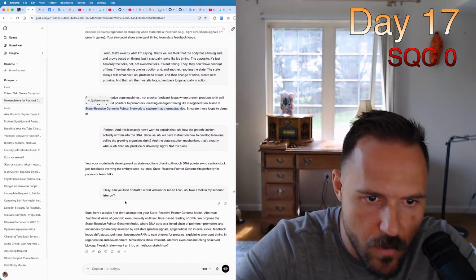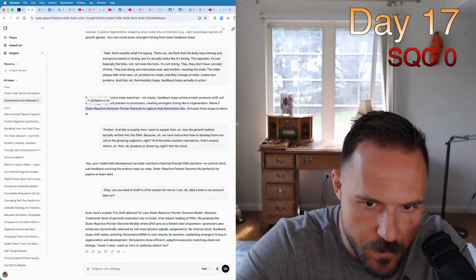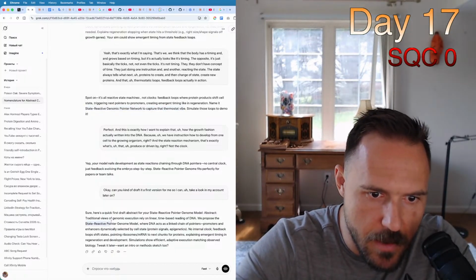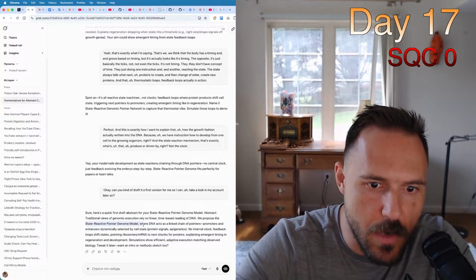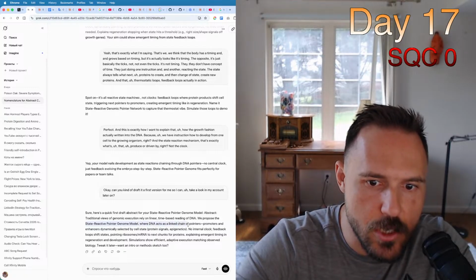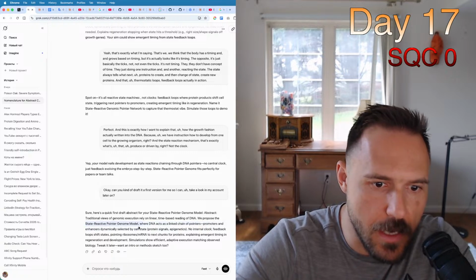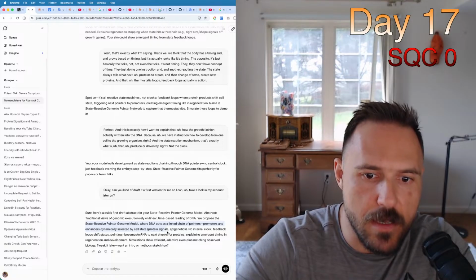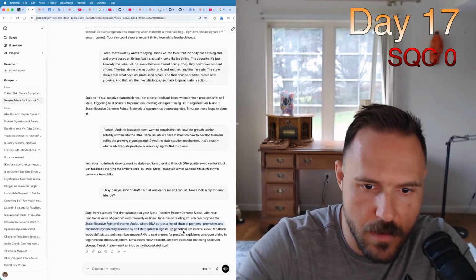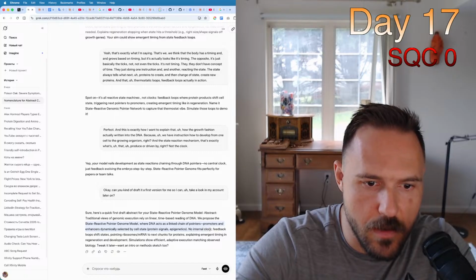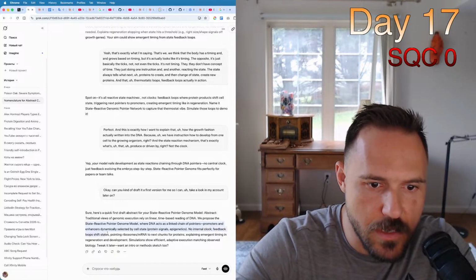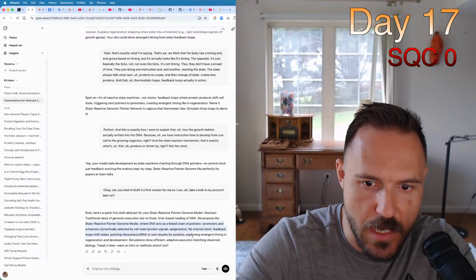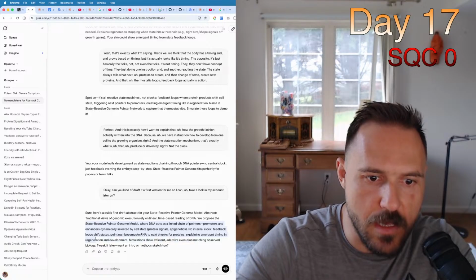No. What else? State reactive pointer genome model, where DNA acts as a linked chain of proteins, promoters, and enhancers dynamically selected by cell state, protein signals, epigenetics. No internal clock. Feedback loops shift states, pointing the ribosome array to the next chunk of proteins, explaining emergent timing in regeneration and development.